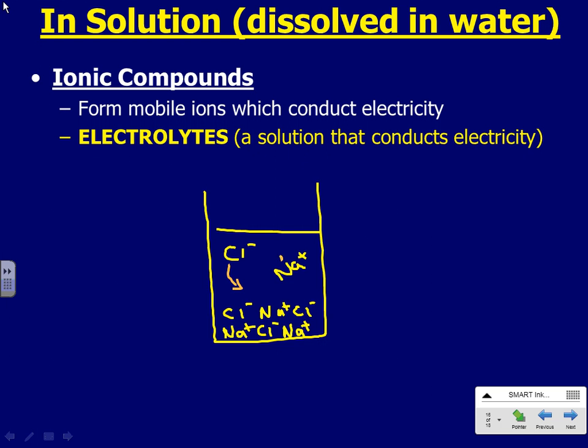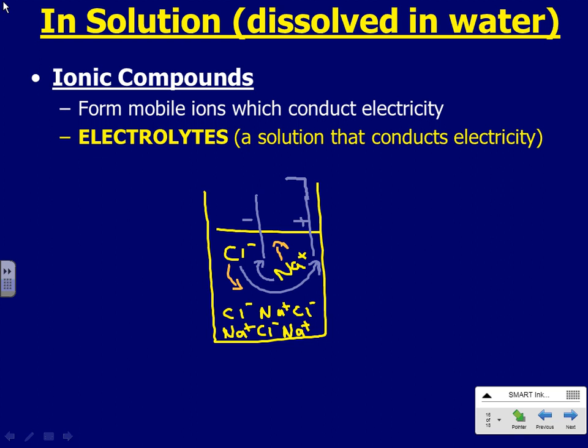So they're moving around. If I put an electrical conductivity apparatus in the water, and one has a negative charge and the other has a positive charge, then the sodium will move to the negative and the chloride will move to the positive.